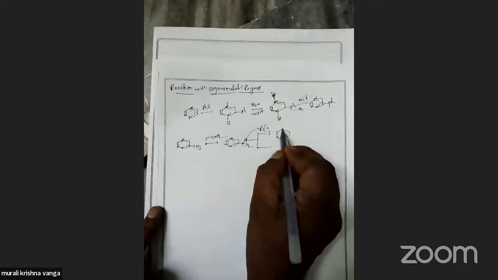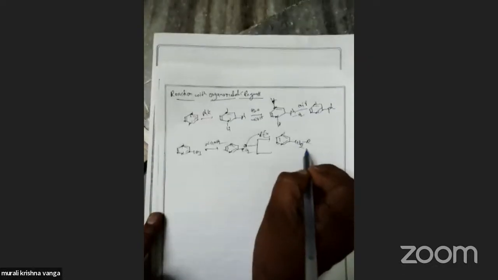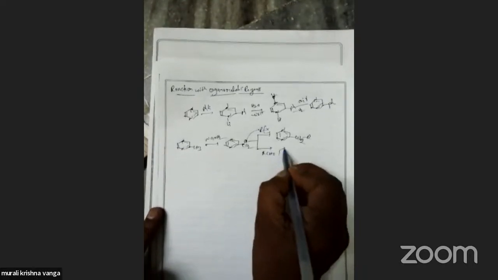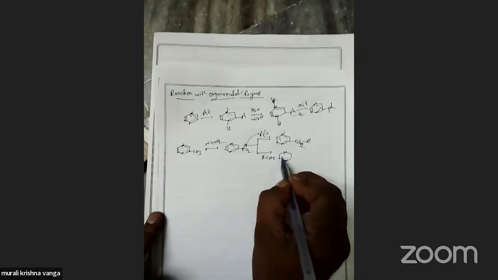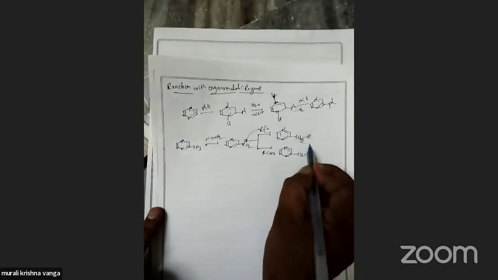Then the product is CH2R, and reacting with aldehyde, CH2OH formation takes place. This is the pyrazine.